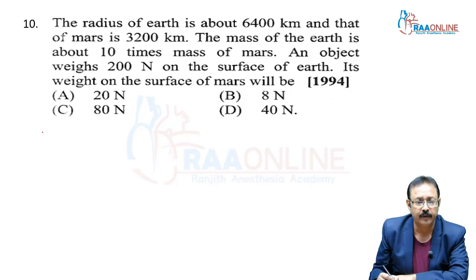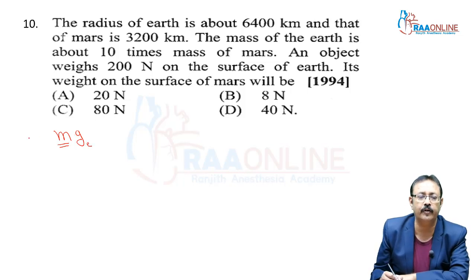What is weight? Weight is m into g. M, the matter content, is the same everywhere. If you are on Earth, you have to put the value of g on Earth to calculate weight. If you are on Mars, you have to put the value of g on Mars.